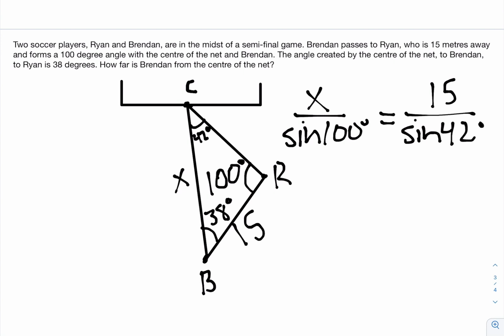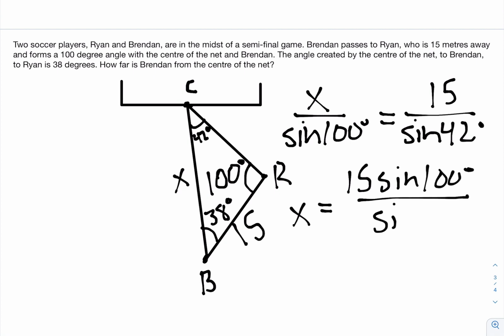Okay, so multiplying by sine 100 on both sides, x is going to be 15 sine 100 over sine 42. Okay, so 15 sine 100, that's 14.8, divided by sine 42, that's 22.1.